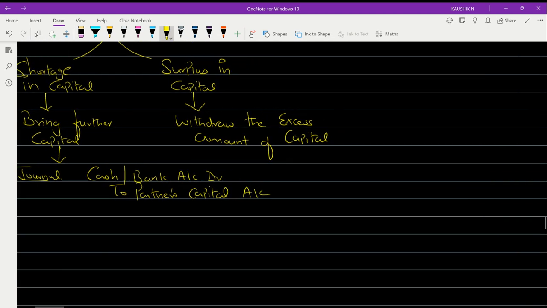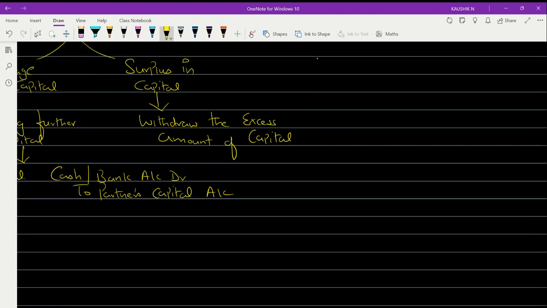If suppose you have surplus and you have to withdraw, then you will follow this particular journal. The journal in this case is the reversal of this entry. That is, partners' capital account is debited to cash or bank account.